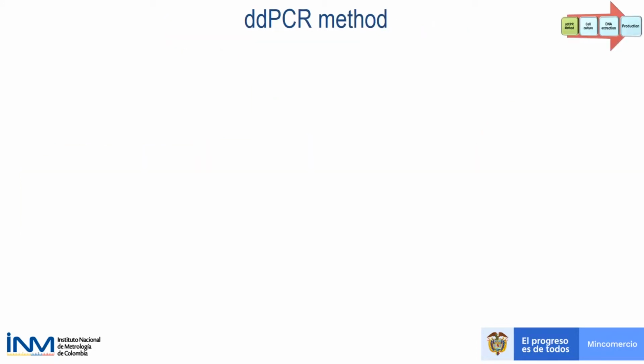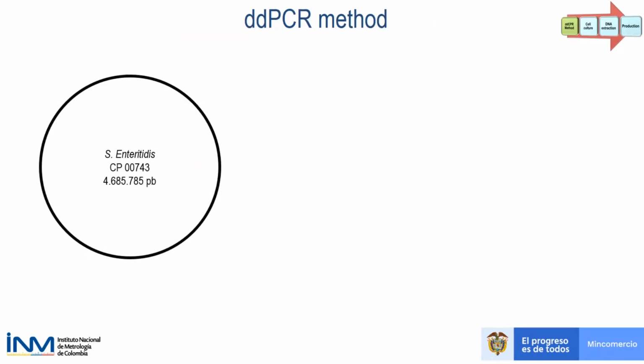In order to develop a digital PCR method to characterize the DNA from the Salmonella enteritidis reference genome CP00743 and literature, 6 different regions were selected, corresponding to the genes INVA, SPAQ, HILA, TTR, SOPB, and CIIA.